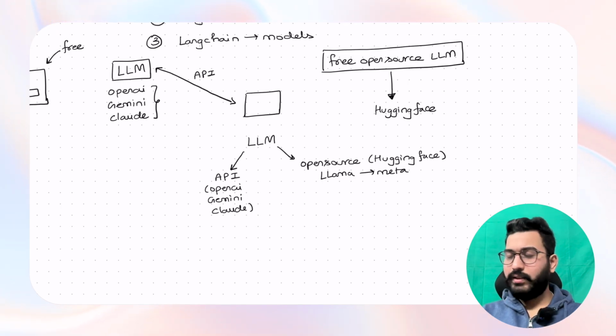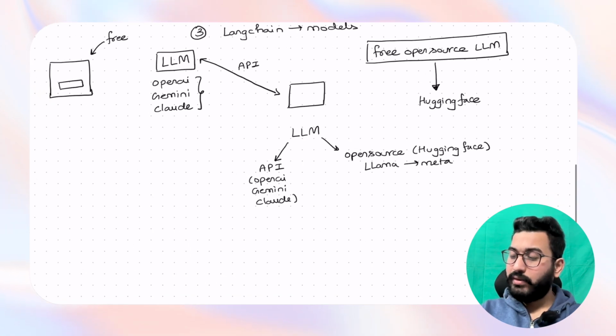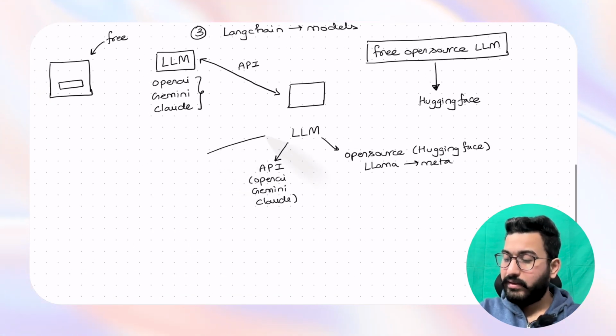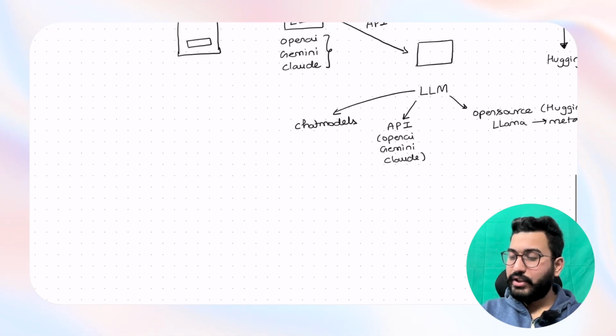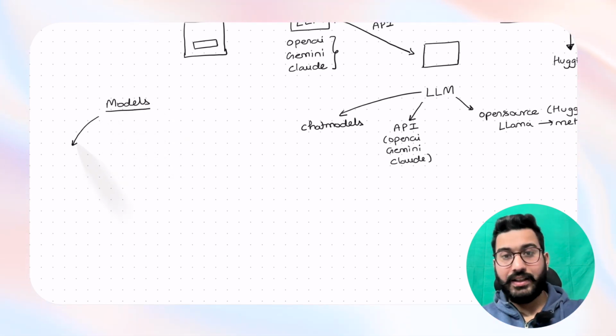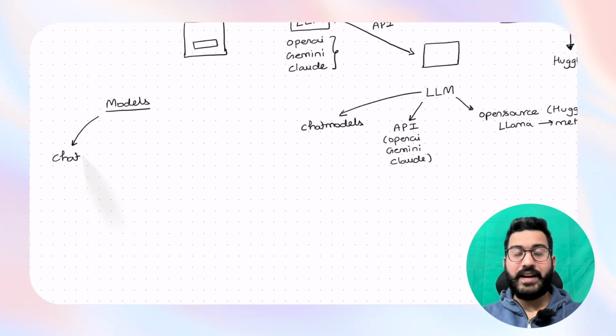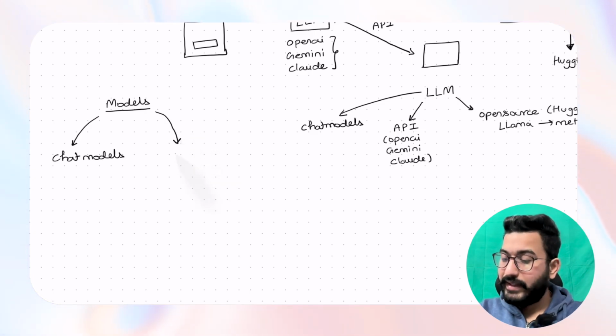And this is basically the LLM. But these are known as your chat models in LangChain. In LangChain, the models are divided into two types. One is your chat model, and the other one is your embedding model.